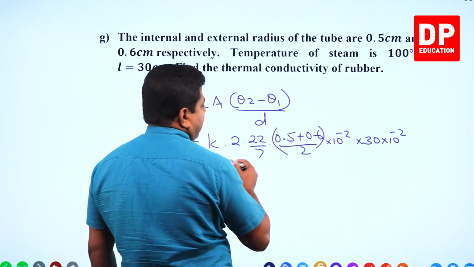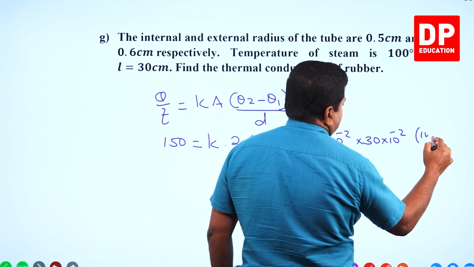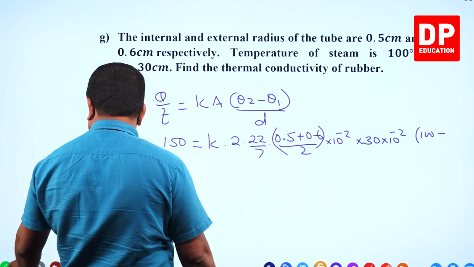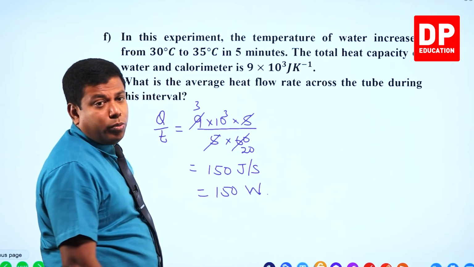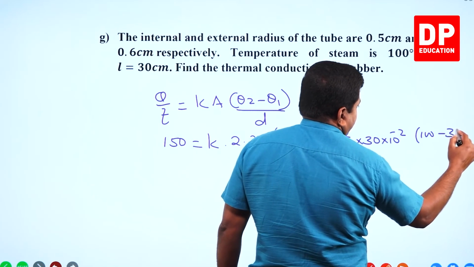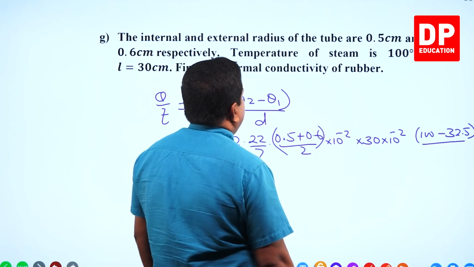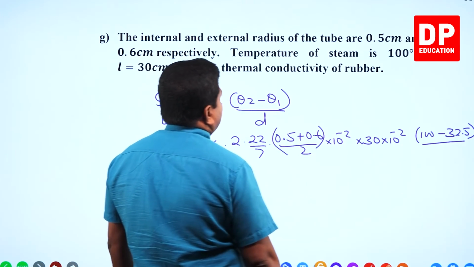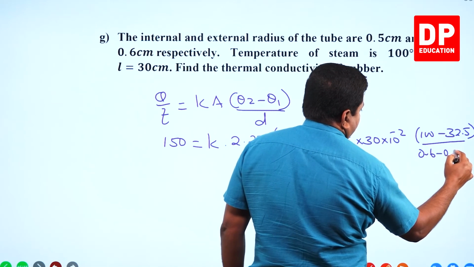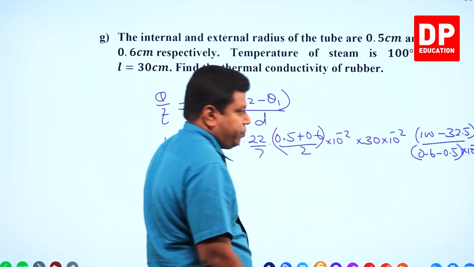So that's the area, A. Then theta 2 minus theta 1: 100 minus the external temperature, which was 30 to 35, right? So take the midpoint, 32.5 average, over D, the thickness R2 minus R1, which is 0.6 minus 0.5 into 10 to the power minus 2.